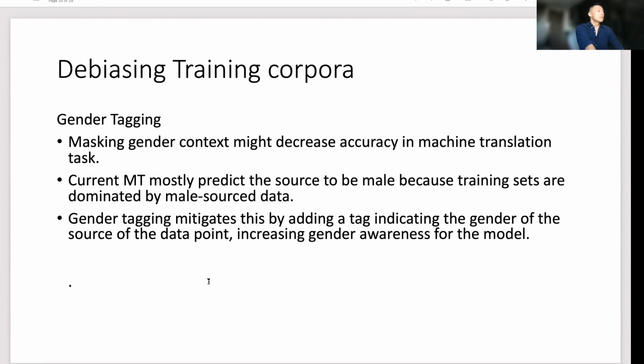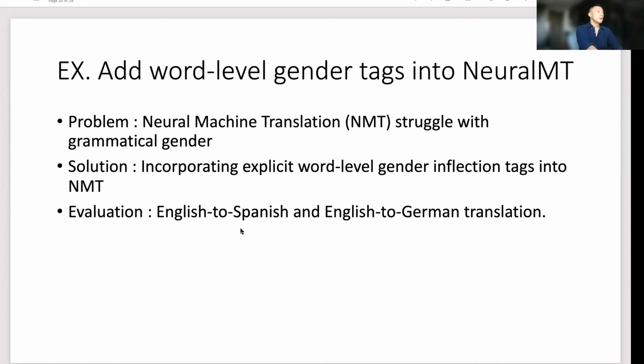So we just hope that gender tagging would mitigate this by adding a tag indicating gender of the source of the data point, and then increase the gender awareness for the model. So let's expand more on this idea of gender tagging onto the data. I think I'll show the data in the coming slide.